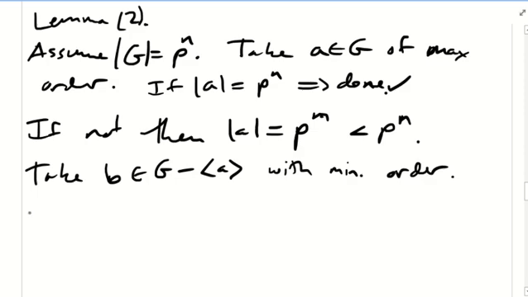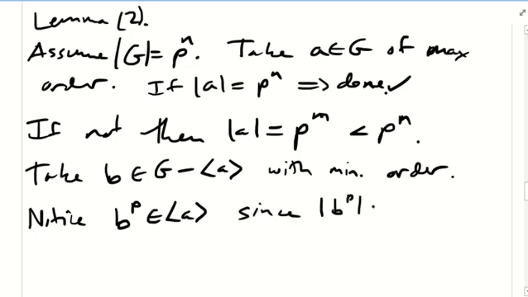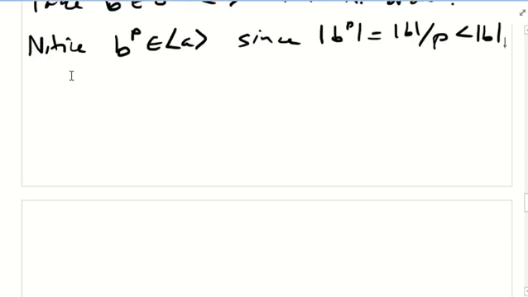Notice then that B to the p would have to be in the subgroup generated by A, since the order of B to the p would be the order of B divided by p, and that's less than the order of B. And the order of B was minimal. Okay? So B to the p is a power of A.